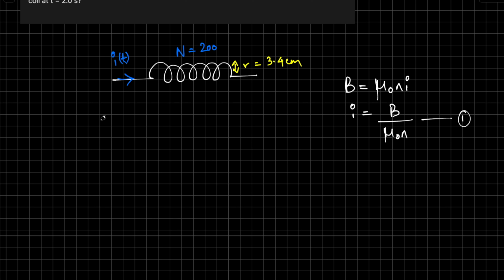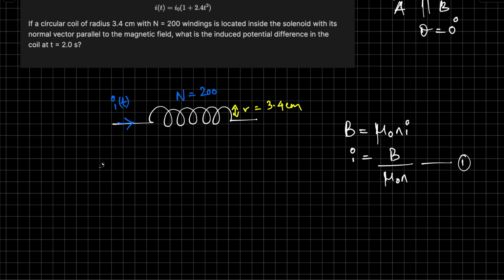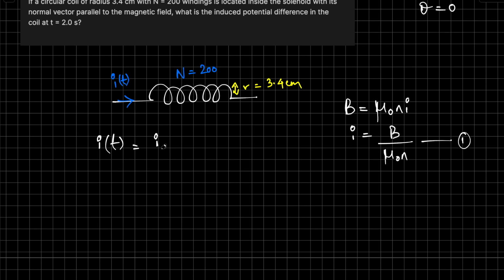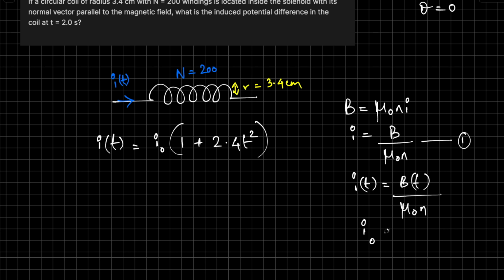We have the equation for current as a function of time: I of t is equal to I0 times (1 plus 2.4 t squared). So using equation 1, I can write I of t equals B of t over mu 0 n, and I0 is equal to B0 over mu 0 n.